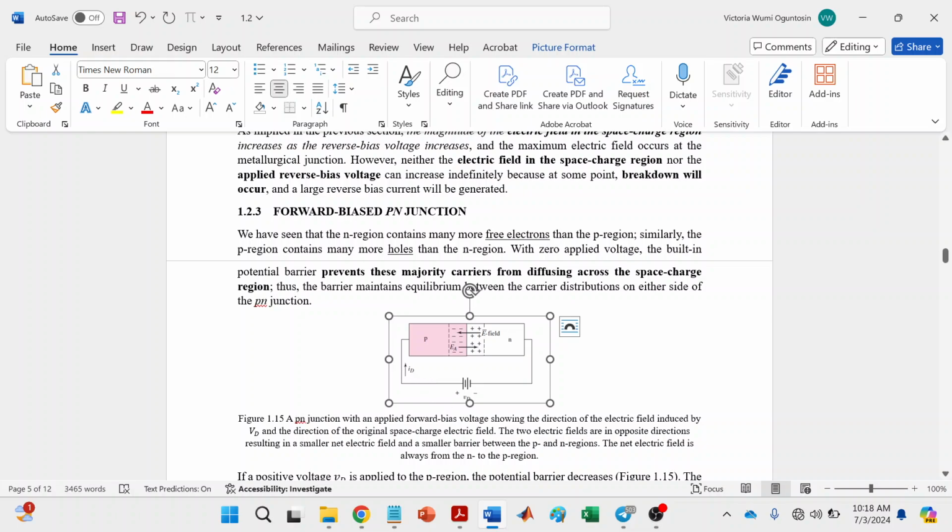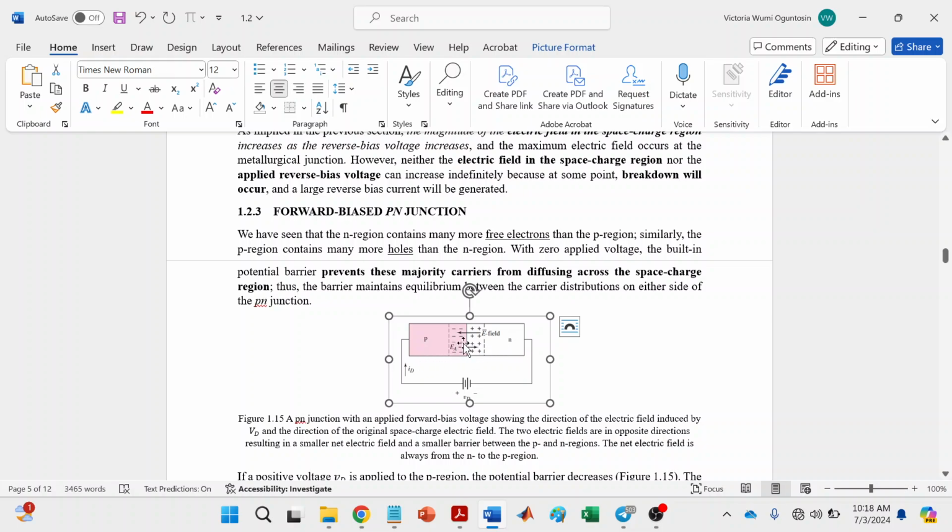So previously, we have seen that the N region contains more free electrons. The majority carriers in the N region are the free electrons, and the majority carriers in the P region are the holes. So with zero applied voltage, that's when the PN junction is in equilibrium.